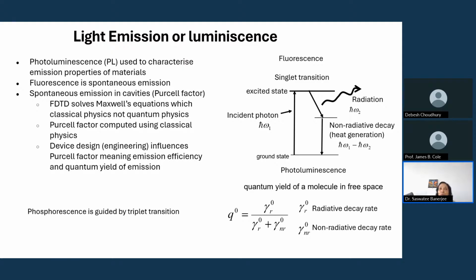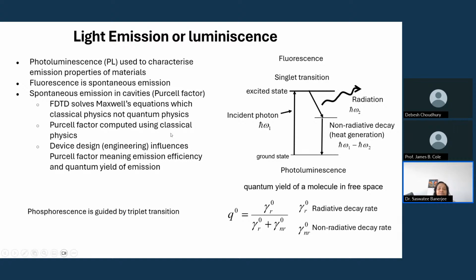One of the purposes of this device design, or fluorescence-related device design, is to minimize this dissipative loss of energy. So you get this quantum yield. Now, this is for photoluminescence, which is slightly easier. It is used for characterizing a lot of devices, and particularly the active media that show spontaneous emission.